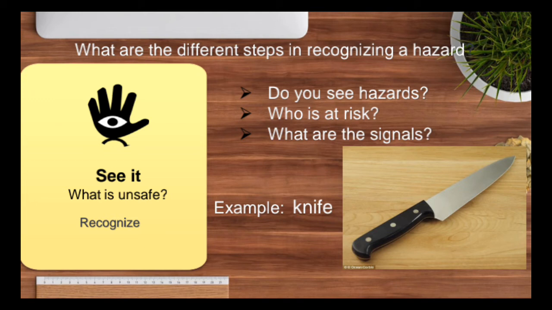What are the signals? So in this step, you are going to identify, you are going to recognize the hazards. In this example, we have the knife. Knife is one example of hazard. Okay? First step, see it. Remember what is unsafe.